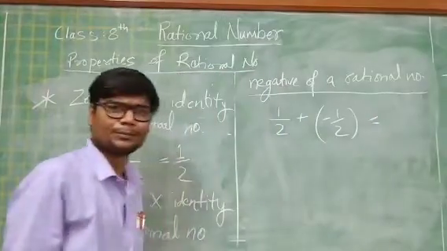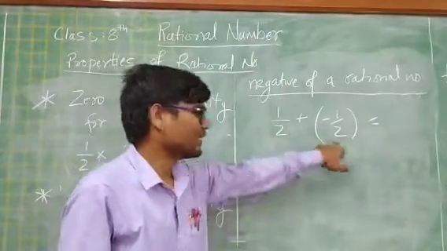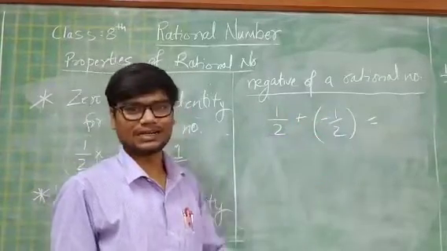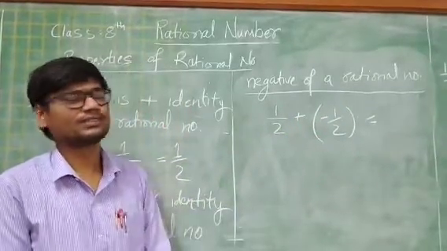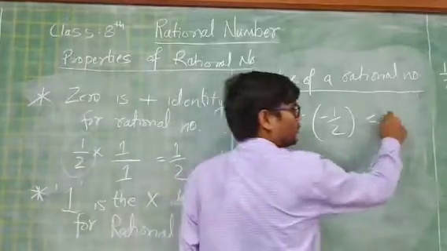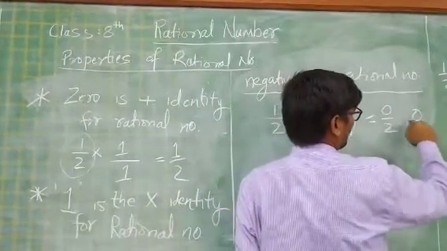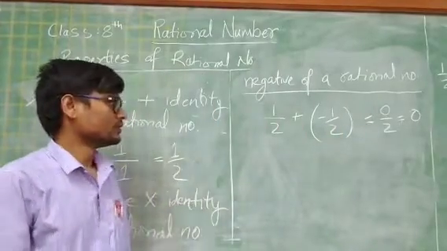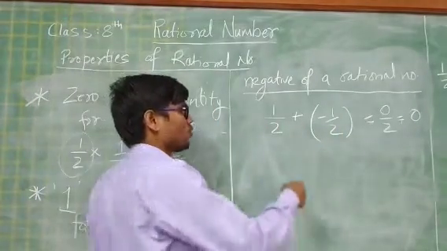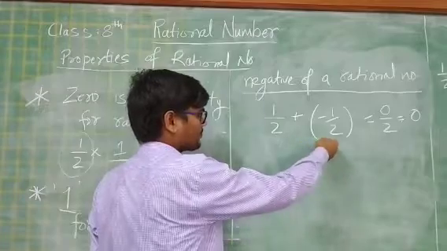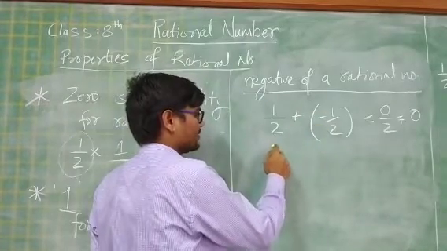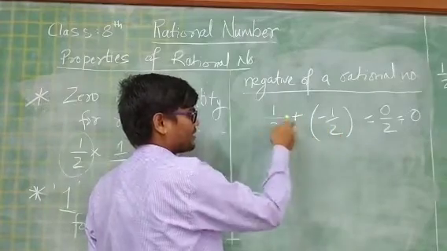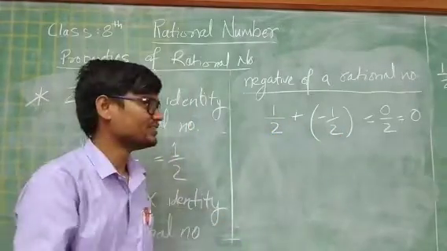What is the sum? The denominators are the same and the numerators cancel, which gives us the sum as 0 by 2, which is equal to 0. So when we add a negative rational number to the positive number, we get 0.